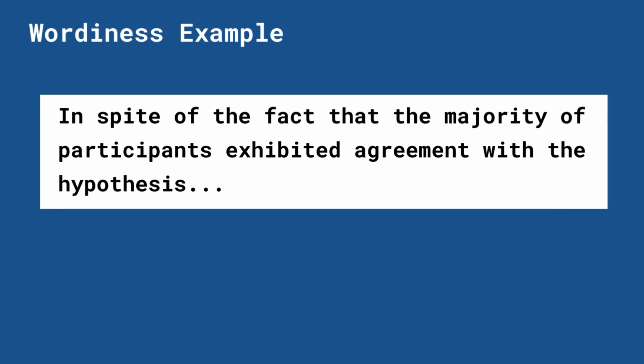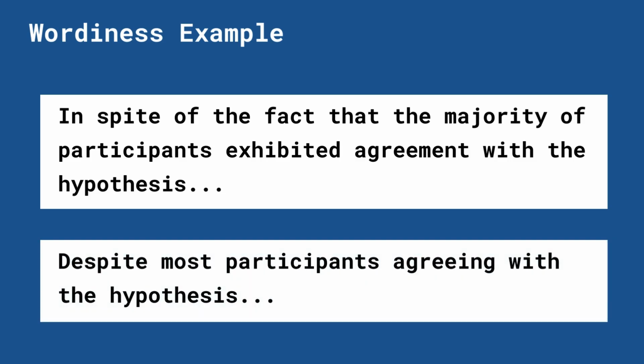Here's an example of wordiness. "In spite of the fact that the majority of participants exhibited agreement with the hypothesis," here's a more concise version. "Despite most participants agreeing with the hypothesis," Keep it simple by choosing the straightforward language.